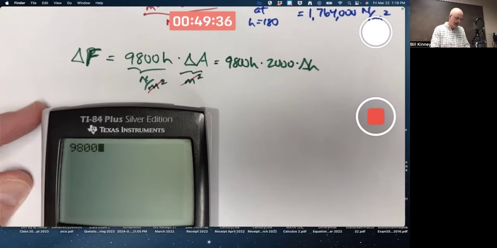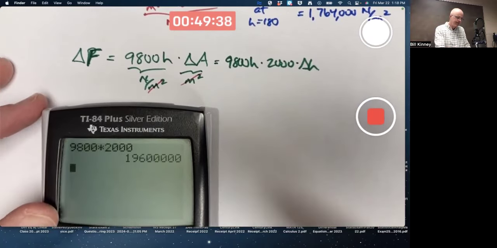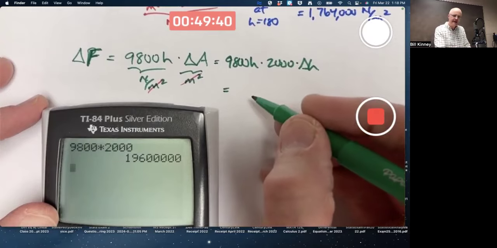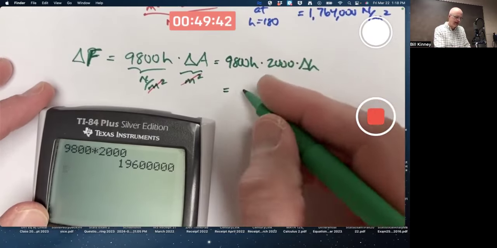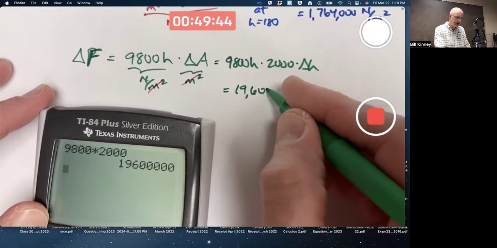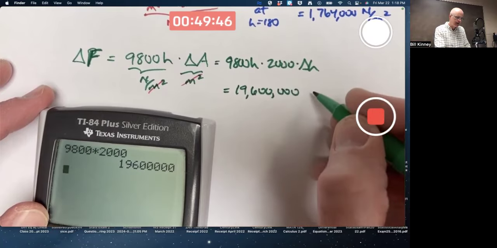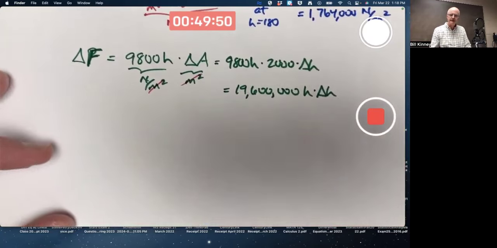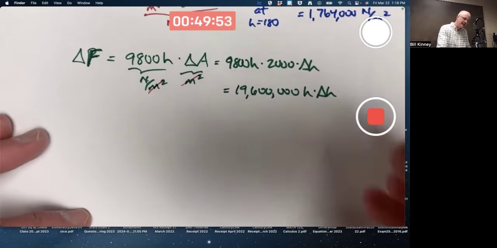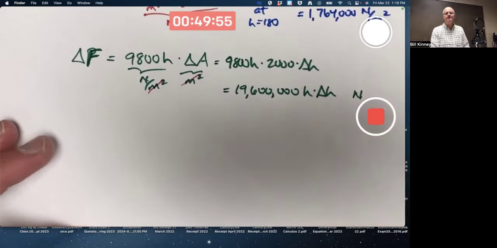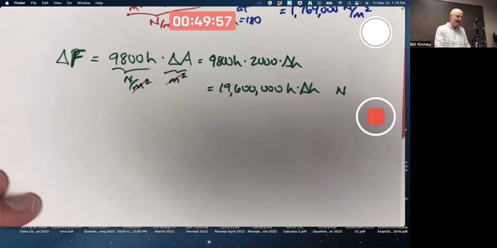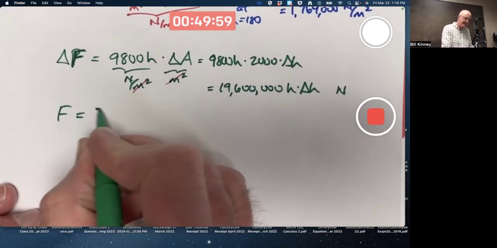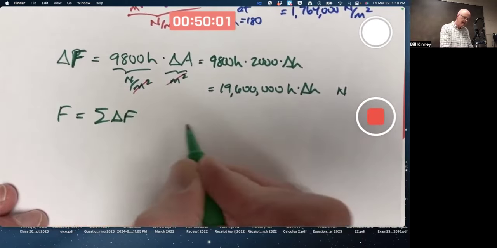9,800 times 2,000 is, what's that? 19.6 million. 19,600,000 H delta H is the small amount of force on that thin strip in newtons. The total force on the side of the dam is the sum of the small forces.